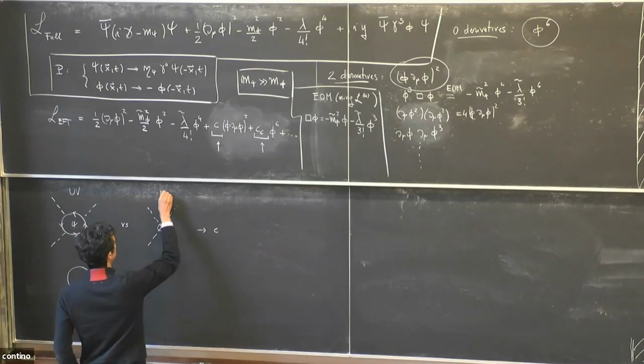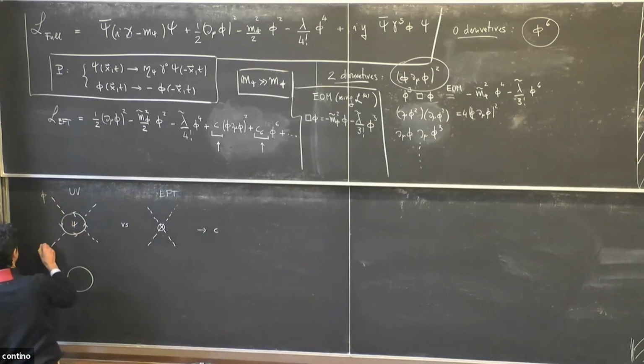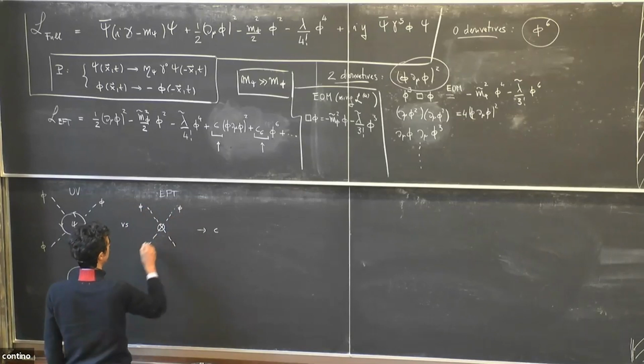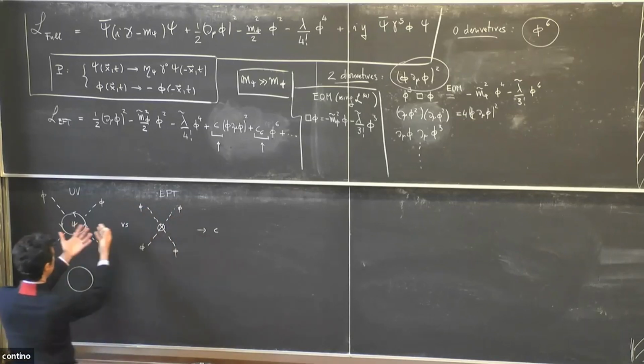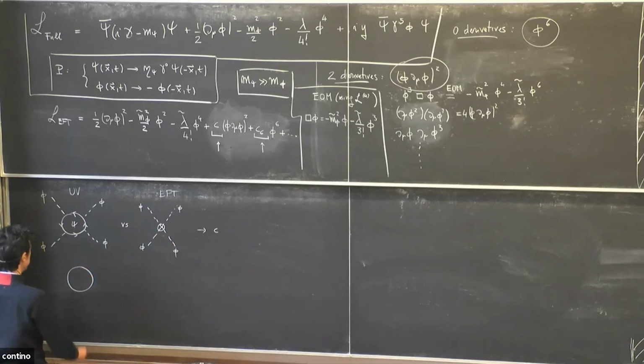While in the effective theory, this operator here will give me an effective interaction among 4 phi's. So comparing these two, I will extract the coefficient C.